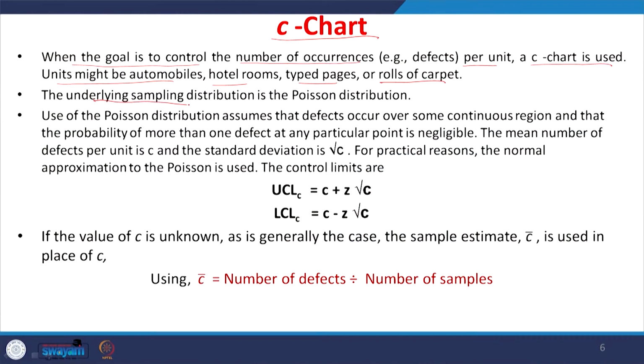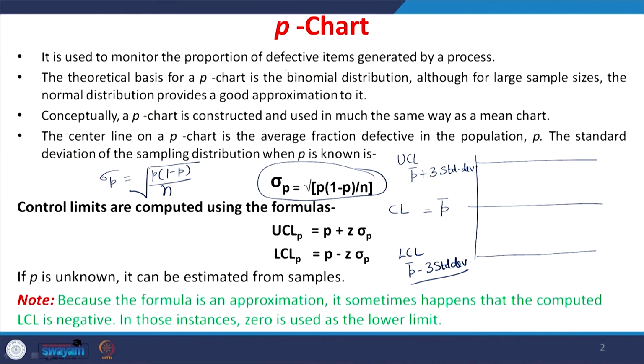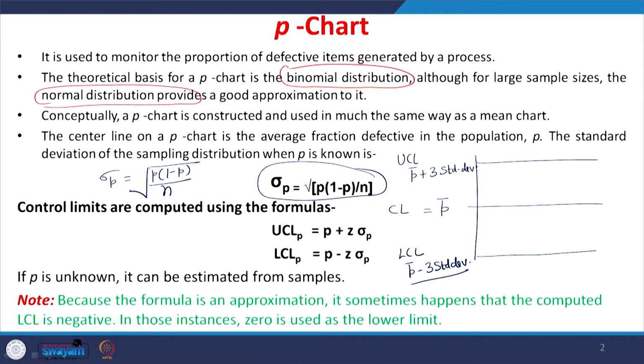Now, the sampling distribution here is the Poisson distribution. Do you remember what type of distribution we followed for a P chart? Just so that we can have a better comparison, because I did not discuss it at that time: in case of a P chart, the distribution is binomial, but for larger samples, like in this example which has a sample size of 100 each, the normal distribution can also provide a good approximation of the binomial distribution.